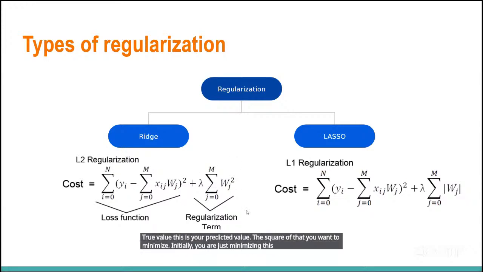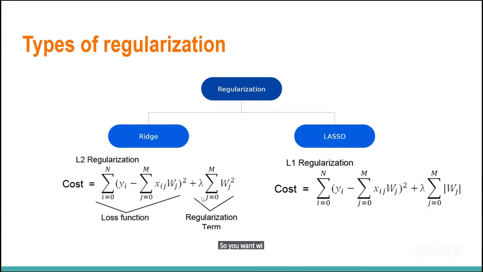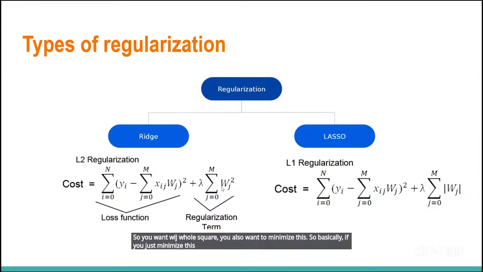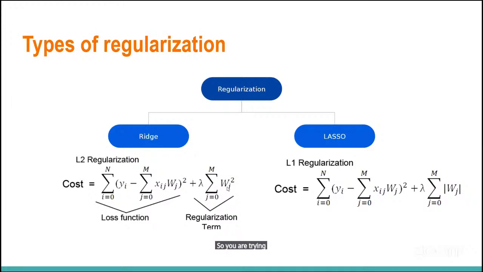Now you have added this term too. So you want Wj whole square. You also want to minimize this. So basically, if you just minimize this, you are asking that all the Wj's should be small or close to zero. So you are trying to decrease the weights of all the Wj's.